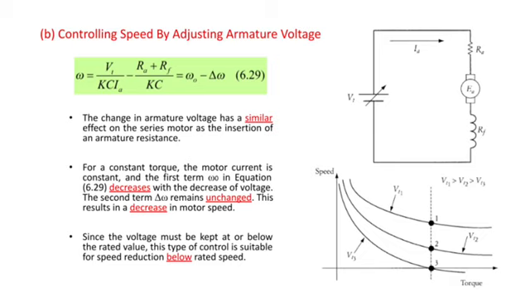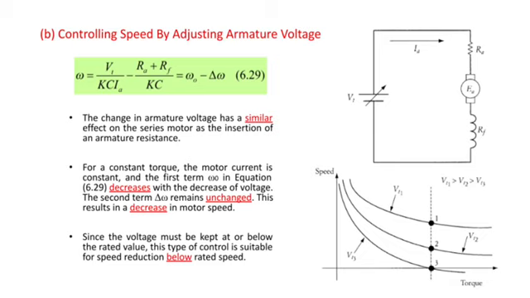Since the voltage must be kept at or below the rated value, this type of control is suitable for speed reduction below rated speed. If you look at the circuit diagram on the top right corner, the voltage source is connected in series with the series winding, which consists of the armature and field winding.